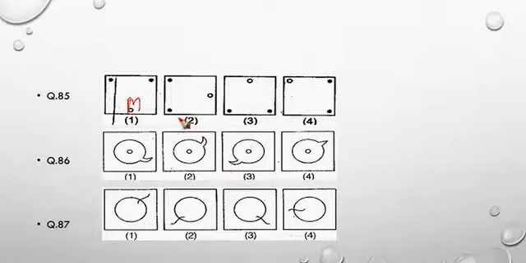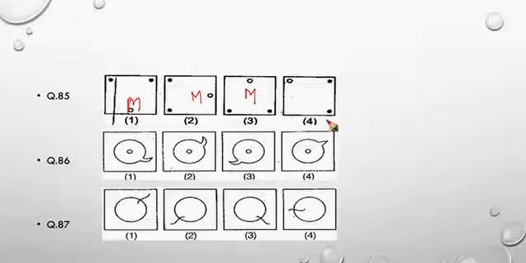These 2 black dots are on one side, and opposite of which there is a circle, which is again kept in the middle. In option 3, we find that the 2 black dots are on one side, opposite of which in the exact middle there is a circle.